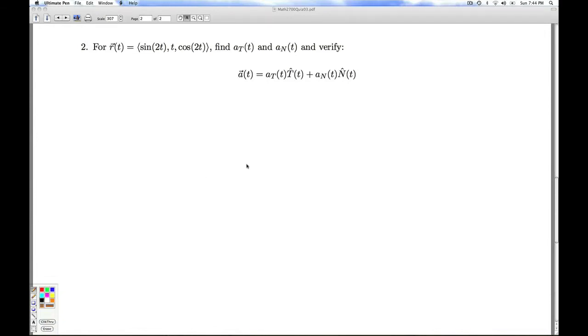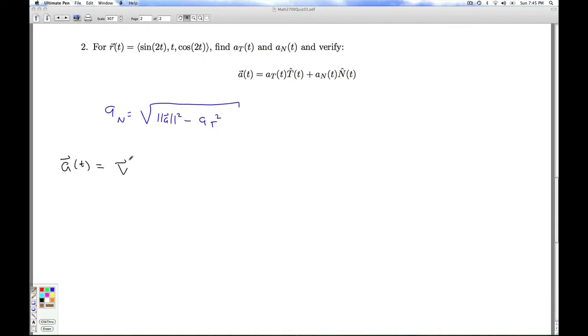Okay, so to find the acceleration in the normal direction, once again, we have a couple different formulas to consider. The one I'm going to use is this one. A sub n is the square root of the magnitude of the acceleration squared minus a sub t squared. So to use this formula, I'm going to look at the acceleration.